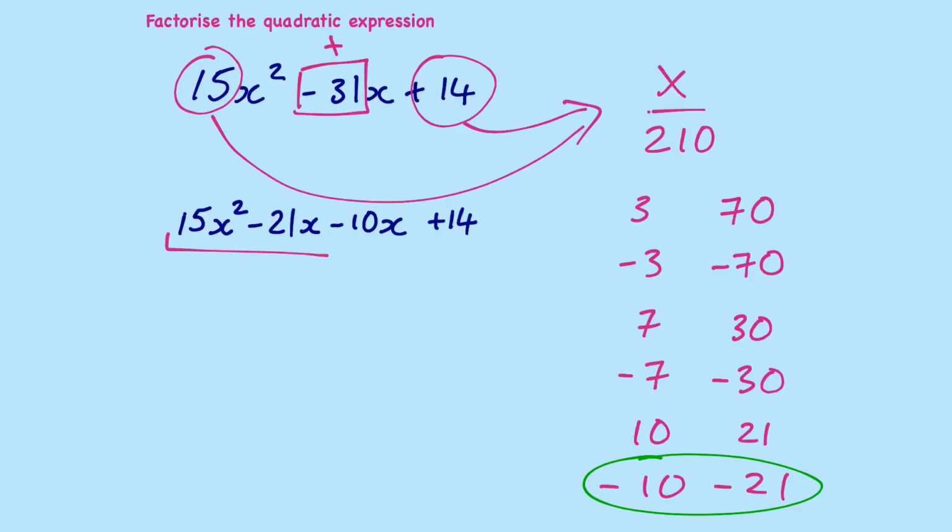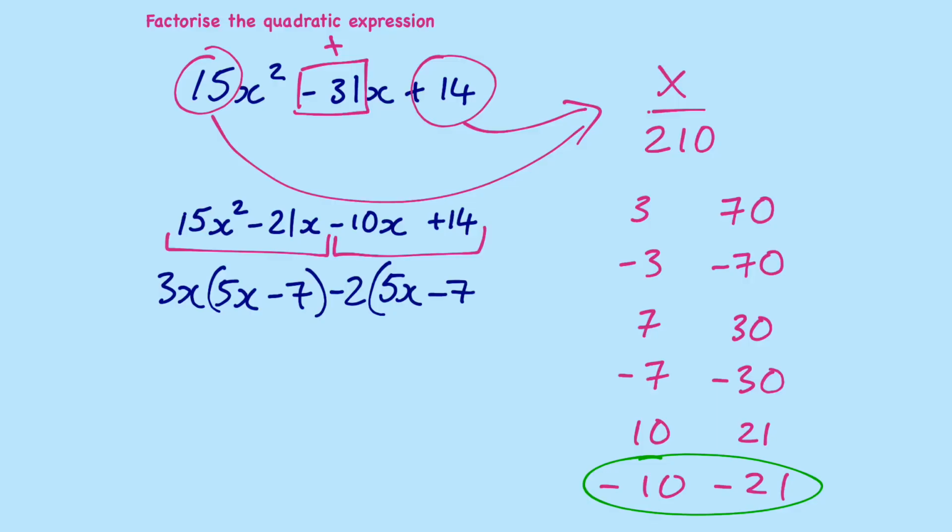Then I separate the expression. Then factorising each part, I get 3x brackets 5x minus 7. And then on the other two terms, I will get minus 2 brackets 5x minus 7.